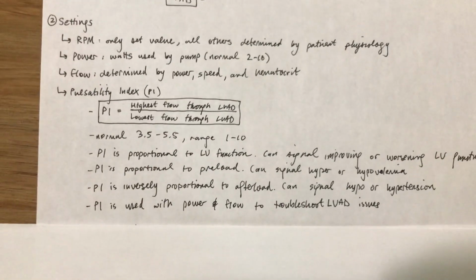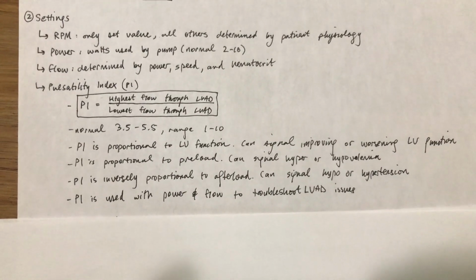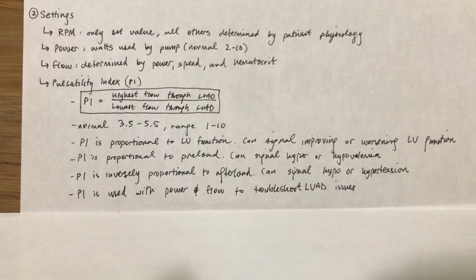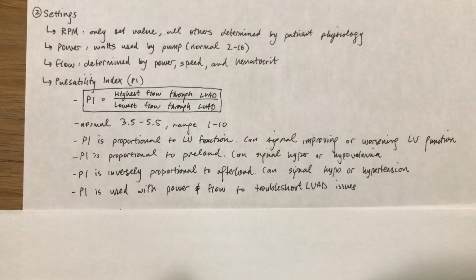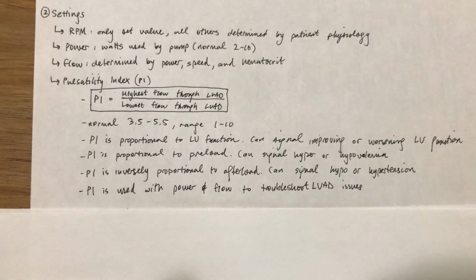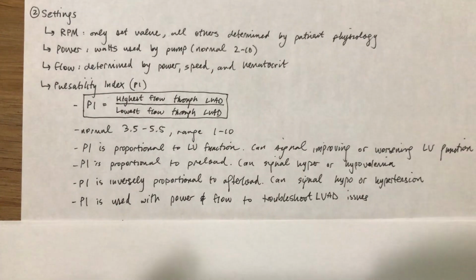The first setting is RPM, and that is the only set value. It controls how fast the VAD goes. All other properties are determined by the patient physiology. Watts is a measured value from the pump.